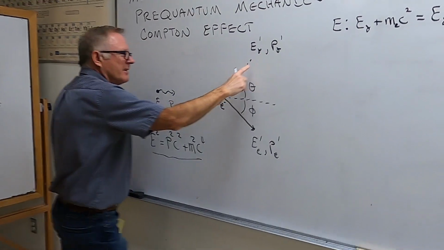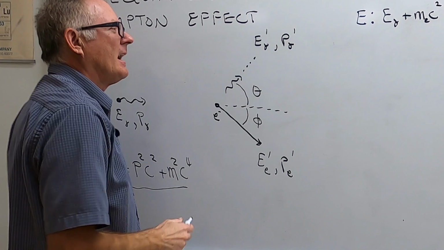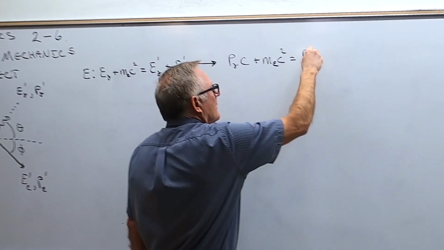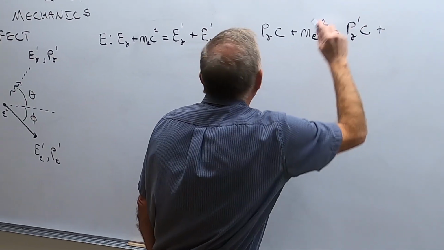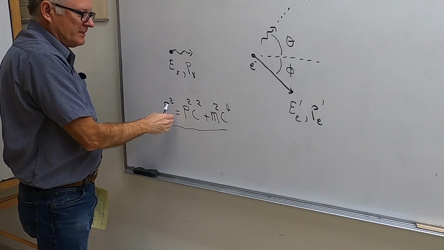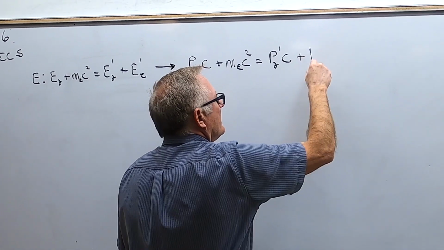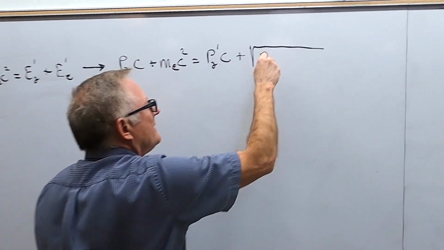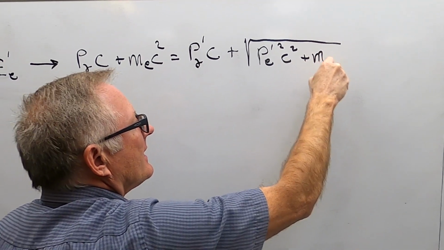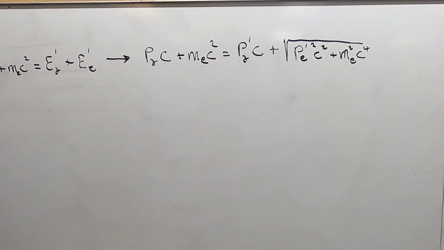Again, the mass is 0, that's a light right here, so it's just P gamma prime C plus the energy of this right here. Well, this one has both terms, so it's the square root of P sub e prime squared C squared plus mass of the electron squared C to the fourth. So there's your energy equation.